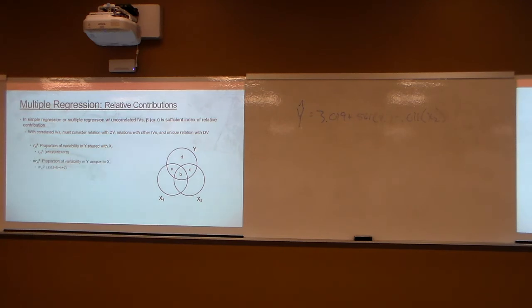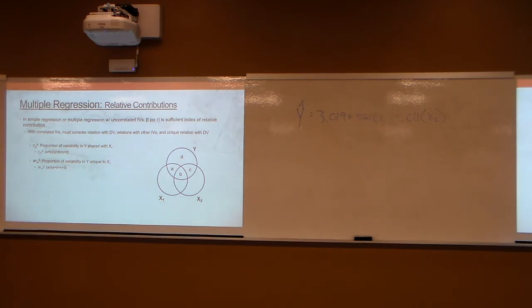But what I can also do is calculate, within the context of multiple regression, a coefficient I'm going to call a semi-partial correlation. The squared semi-partial correlation is the proportion of total variability in y that's unique to x.